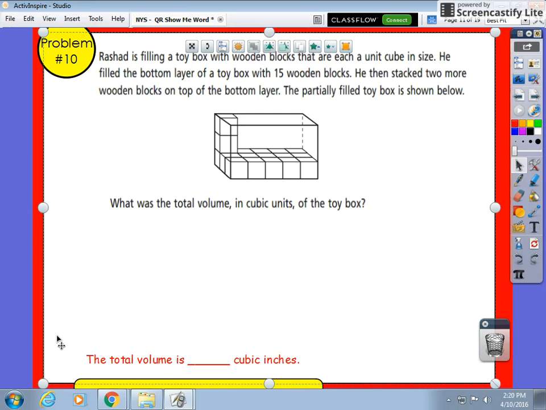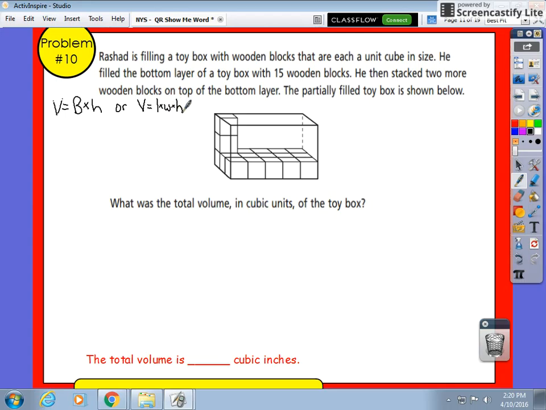So again, when we're thinking about volume, we want to be thinking about our formulas. We know that we have 2 different formulas that we can use for volume. We can use volume equals the area of the base times height, or we can use the formula volume equals length times width times height.